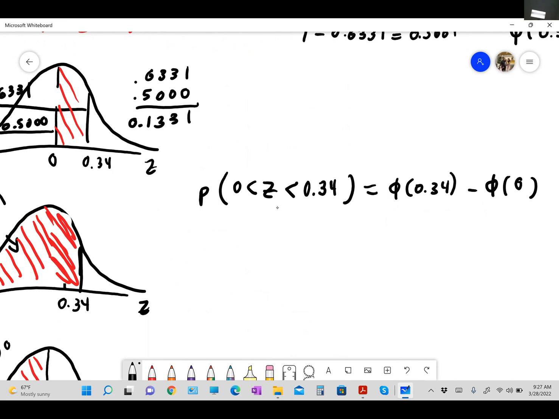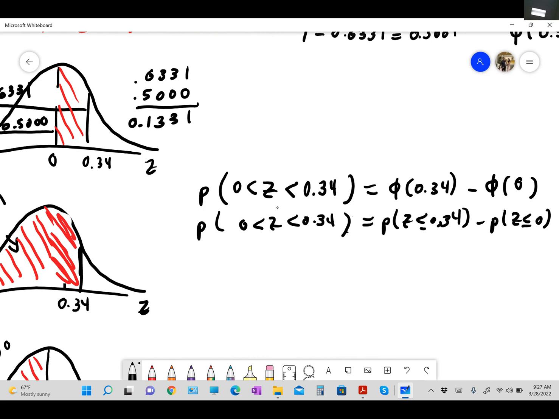In other words, the probability of z being less than 0.34 but greater than 0 must equal the probability of z being less than or equal to 0.34 minus the probability of z being less than or equal to 0. That's another fancy way of writing it, which is just going to be 0.6331 minus 0.5.